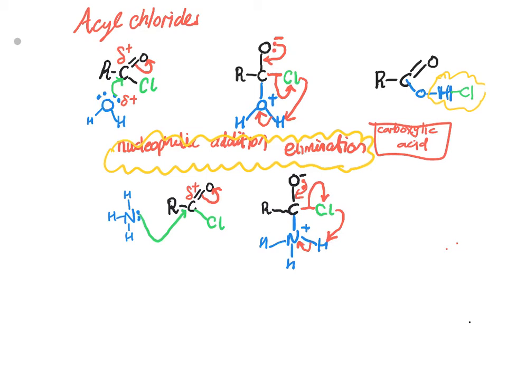So this time, the resulting molecule is R, C double bond O, the chlorine has gone, and this time we have an NH2 plus the HCl, and our resulting molecule is this time an amide.